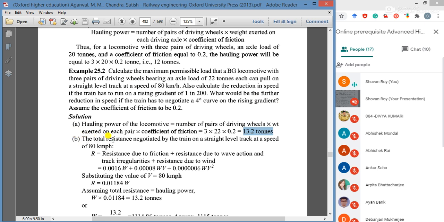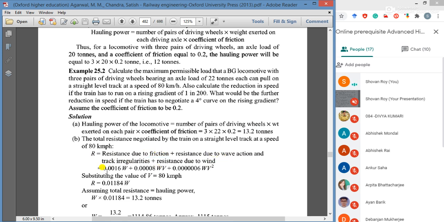Next, the total resistance negotiated by the train on a straight level track at a speed of 80 km per hour. The formula is R, total resistance, equals resistance due to friction, resistance due to wave action and track irregularities, plus resistance due to wind. I have already said these are the very normal resistances generated on the track in normal conditions.